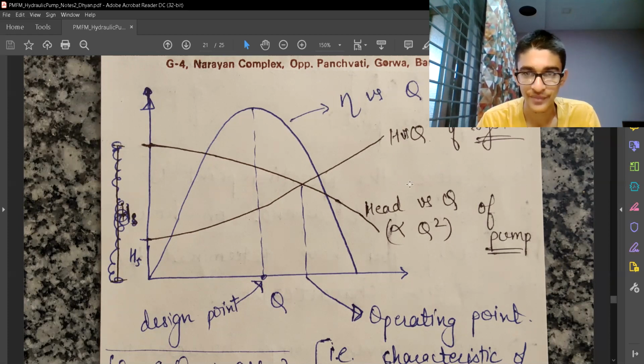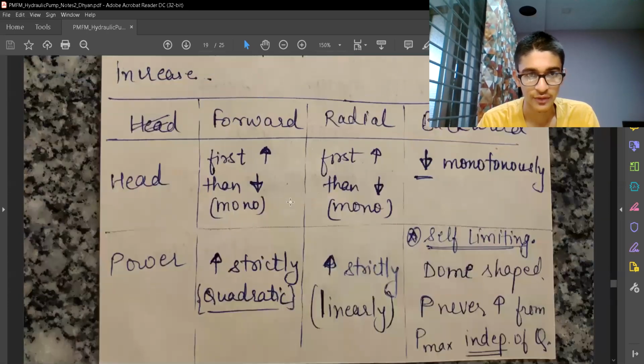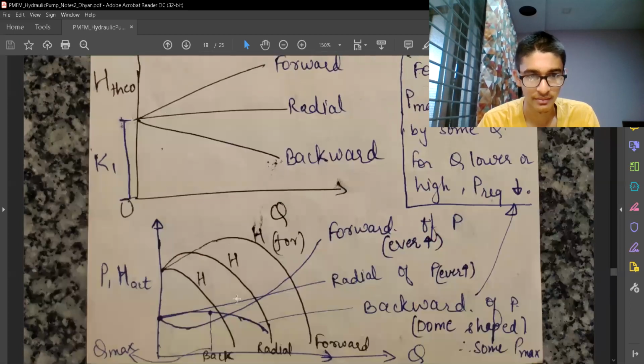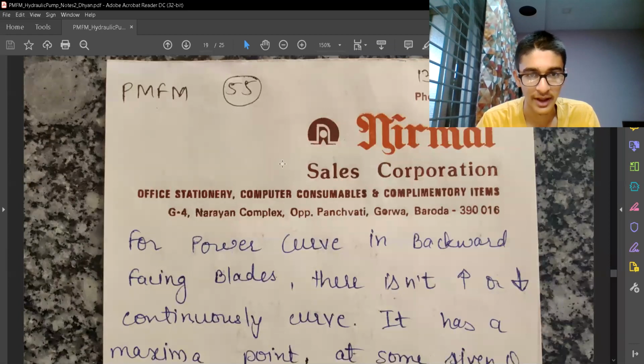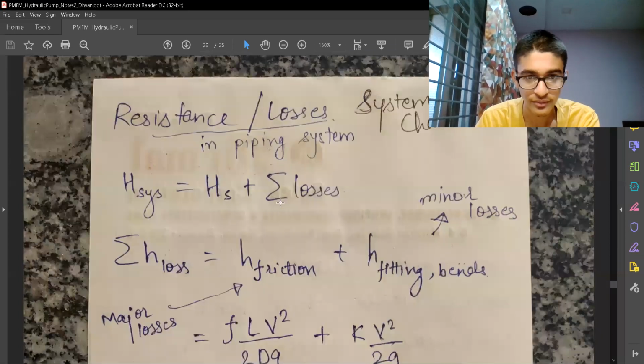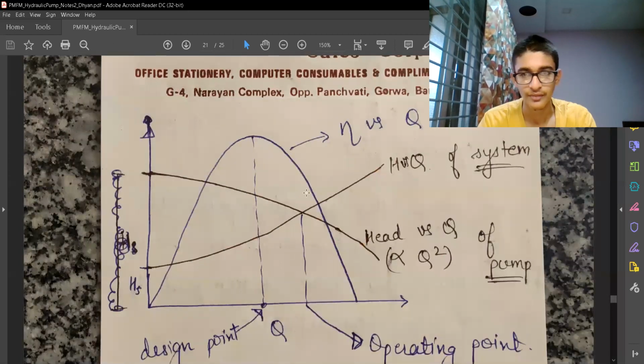And then we have seen H versus Q of the pump, which we have seen earlier, for backward facing curves, forward curves or anywhere. We have known the H versus Q curves for different blade types also. So these were the pump characteristic curves which we have seen earlier.